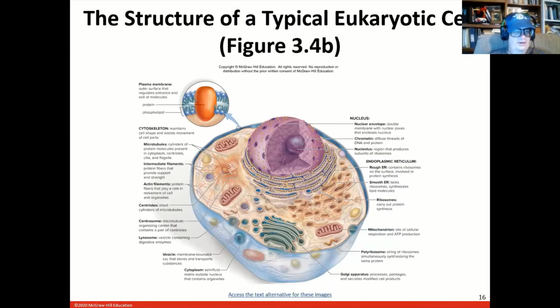I'm looking right here. What are microtubules, intermediate filaments? Where they're saying actin filaments, a lot of people call those microfilaments. Actin is the type of protein. They tend to be made out of those, so yeah, that's fine.